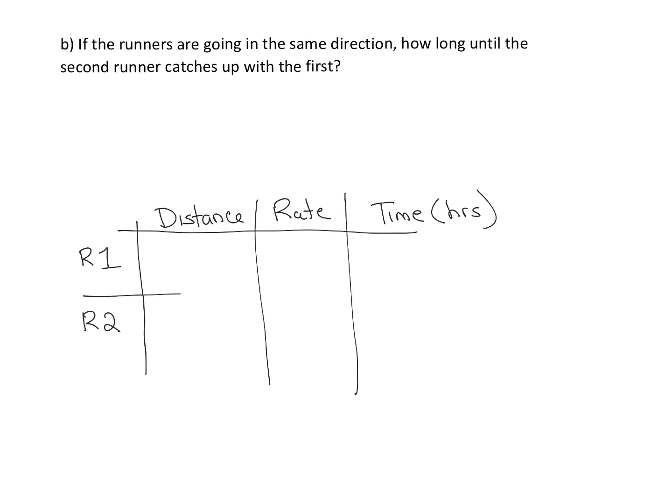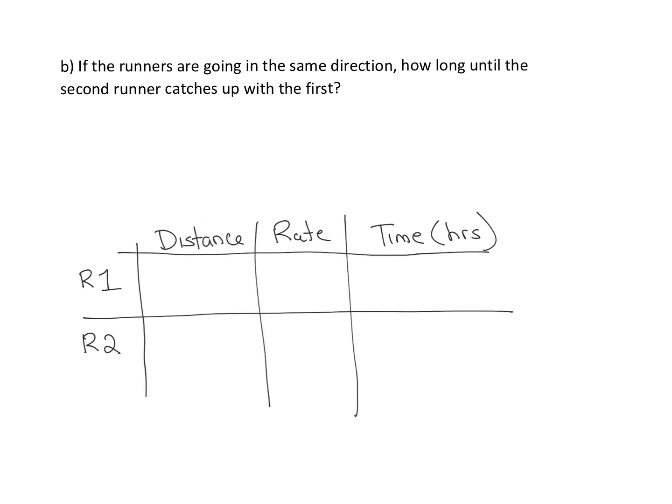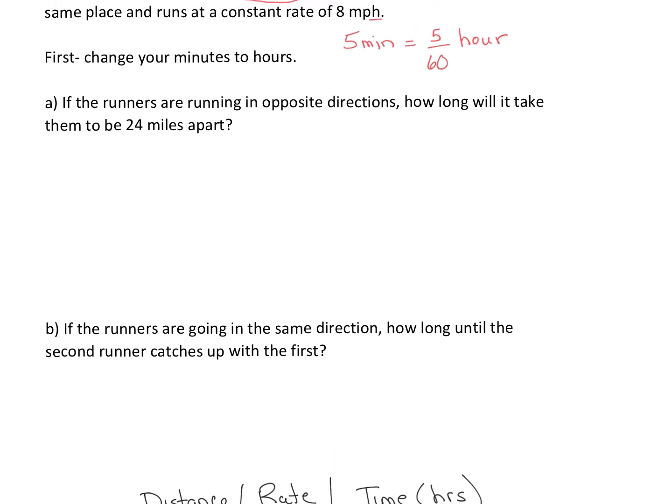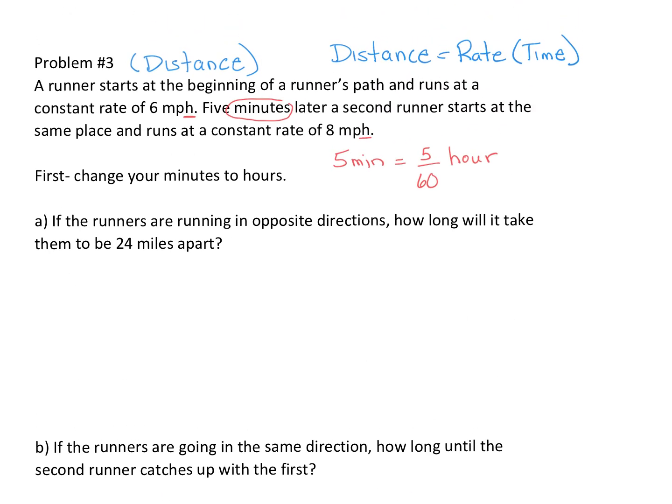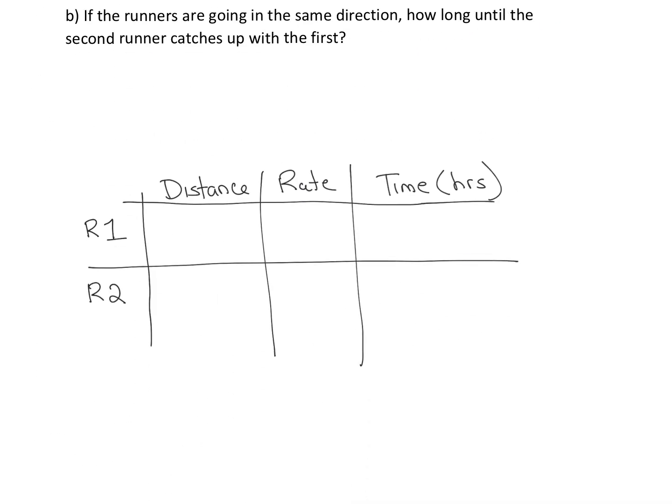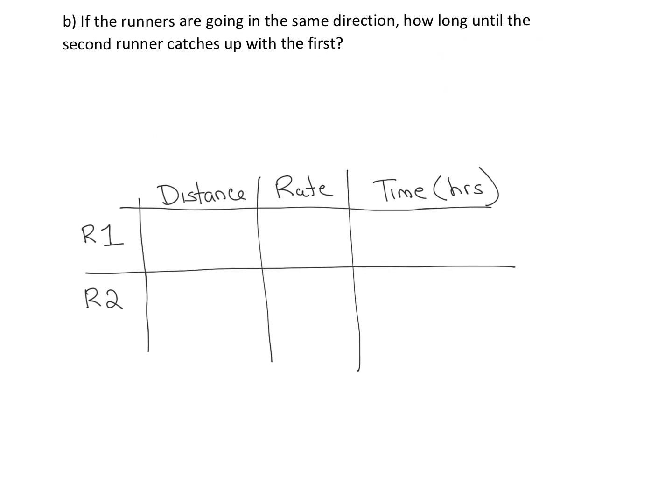And we want to fill this table in. So let's go back. We know that runner number 1 is 6 miles per hour, and runner number 2 is 8 miles per hour. So that's a rate. 6 and 8.